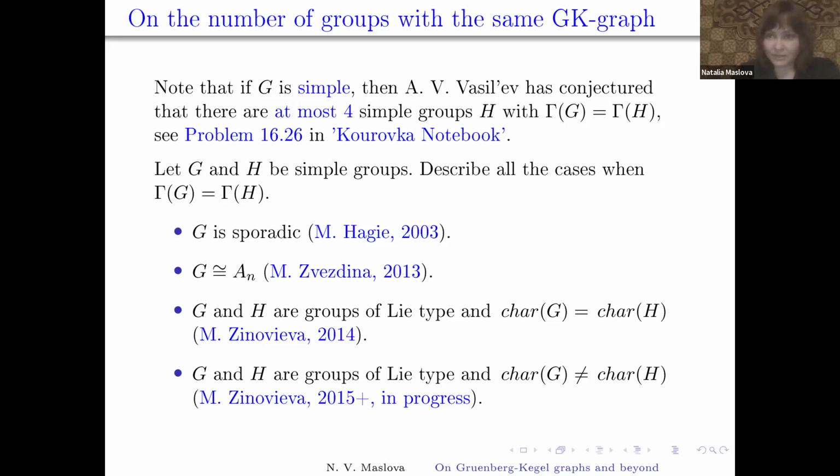This research was investigated by Mina Hagi, Maria Zvezdina, and Marianna Zinovieva. I hope next week Marianna Zinovieva will give more details about this research area. I will not tell more now since it's her research.